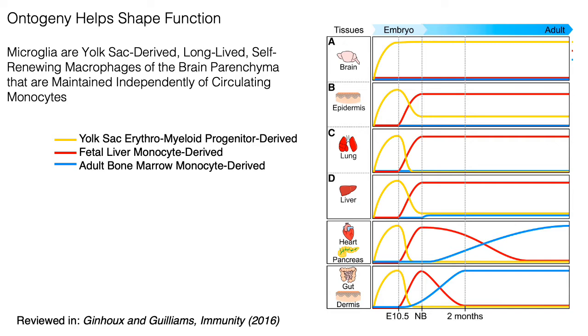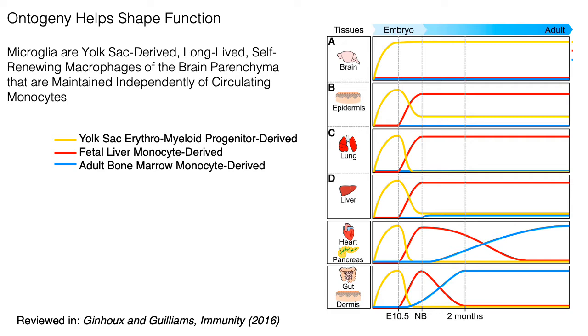Recent breakthroughs have demonstrated that the ontogenies of macrophages in different organs come from very distinct origins. For example, in the brain, microglia are derived from yolk sac erythromyeloid progenitors.